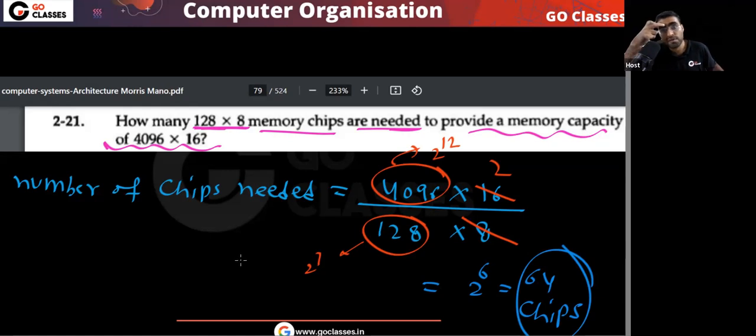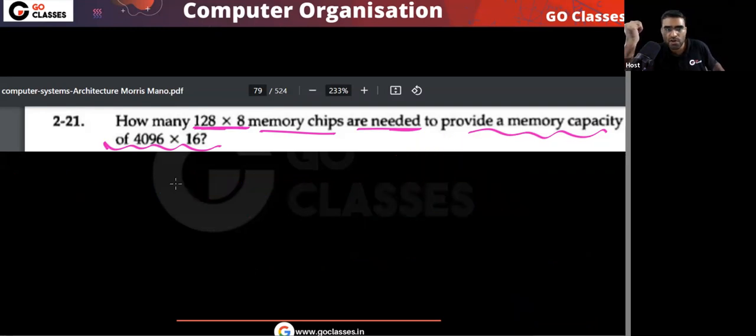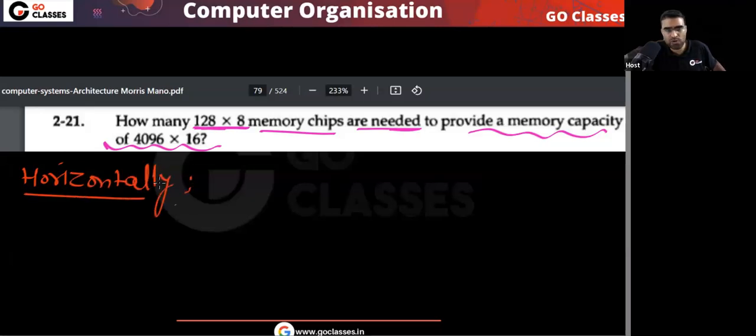Now you tell me, in the horizontal arrangement, how many chips do we need to put horizontally? If I ask you about horizontally, then just divide 16 by 8. Don't divide the remaining. Basically, in this situation, just divide 16 by 8.